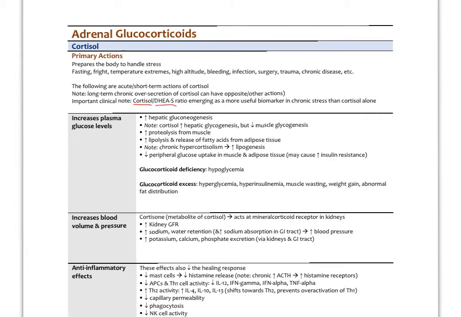So one of the main effects, we call cortisol a glucocorticoid because it's going to increase plasma glucose levels. So it's going to increase hepatic gluconeogenesis. And remember, gluconeogenesis is making new sugar either through lactate, glycerol, which comes from fatty acid triglyceride breakdown, and or amino acids.